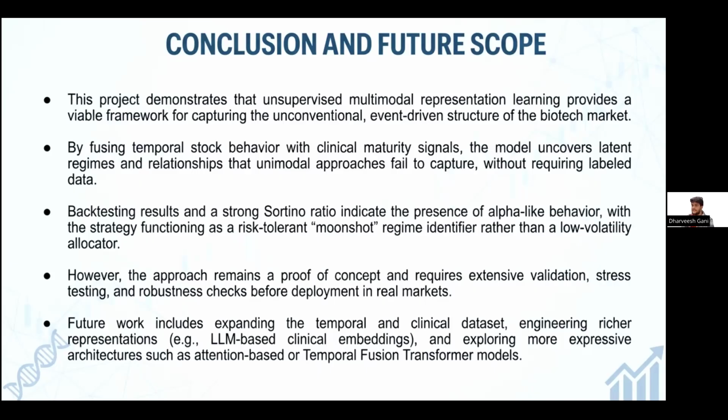And then we did back testing rather than just relying on model evaluation metrics. We simulated how the model performs, and we saw that the Sortino ratio was the best to evaluate this kind of function.